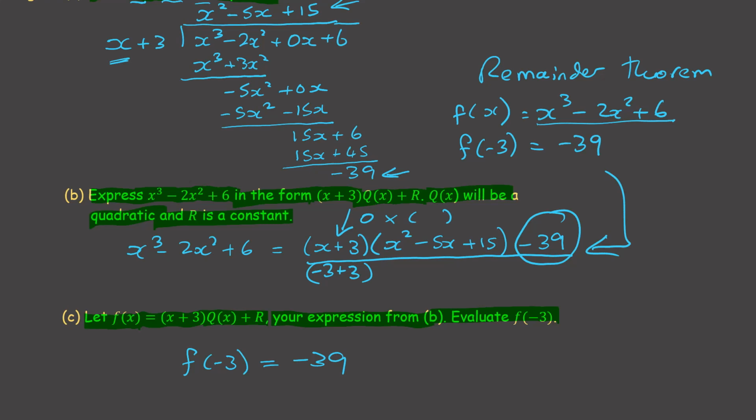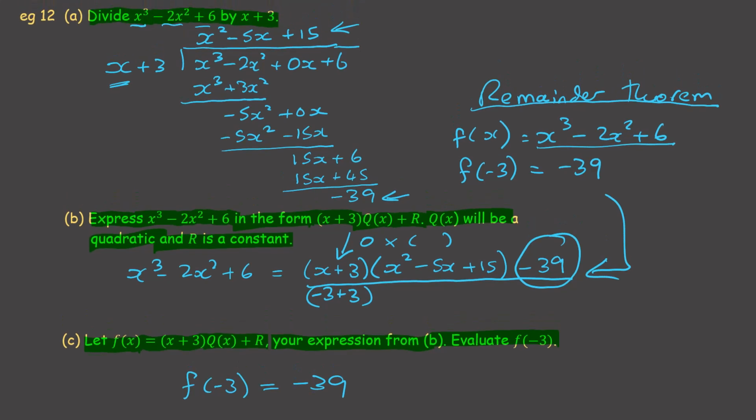And quite often, we're not interested in the quotient, we're only interested in the remainder. And so we can find the remainder on division by x plus 3 by simply evaluating f of negative 3. We've got a couple more examples that show that, and then we'll talk about the remainder theorem itself.